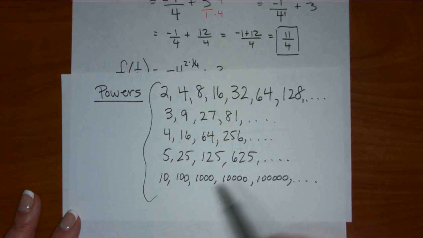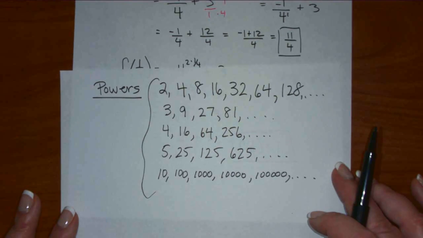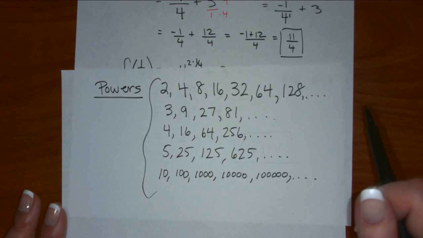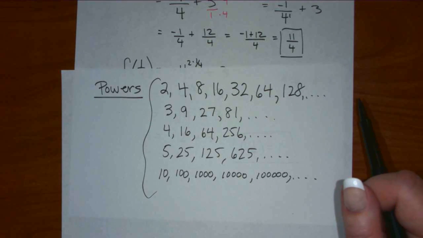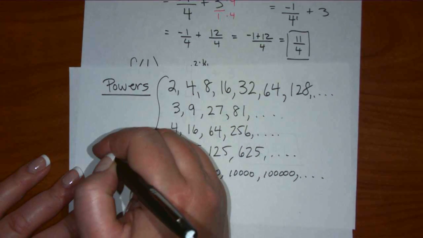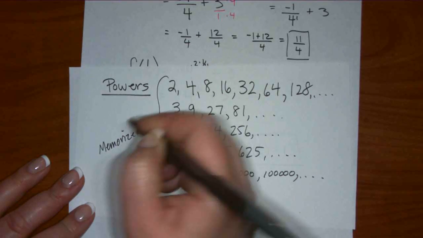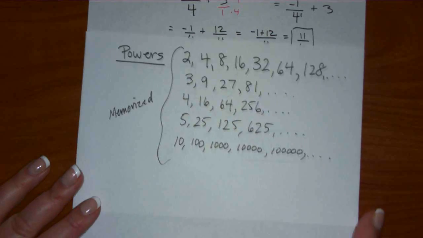And when you see a 625, you think 5. When you see a number that's not in here, that's when we have to use logs to figure it out or estimate, because it won't work. It'll be in between. So you need to have these memorized well enough that you recognize them. If you see an 81, you know that's a power of 3.